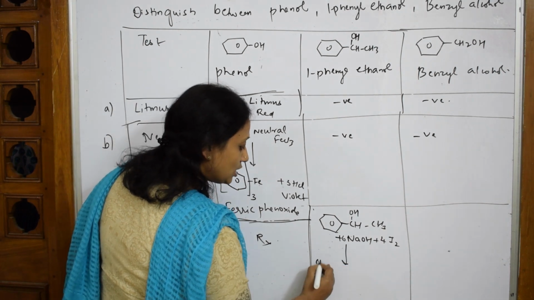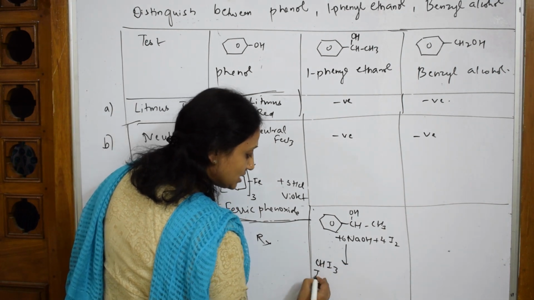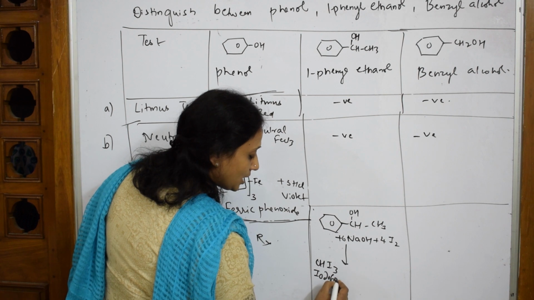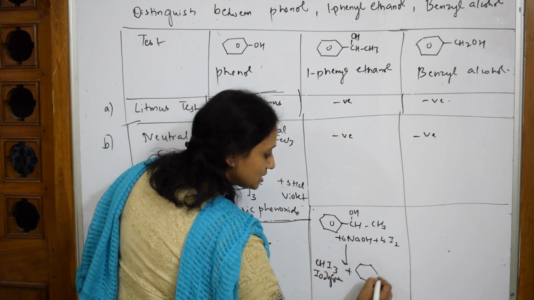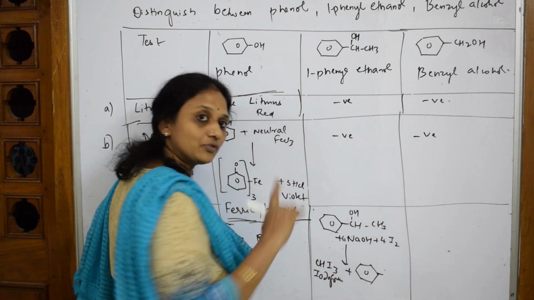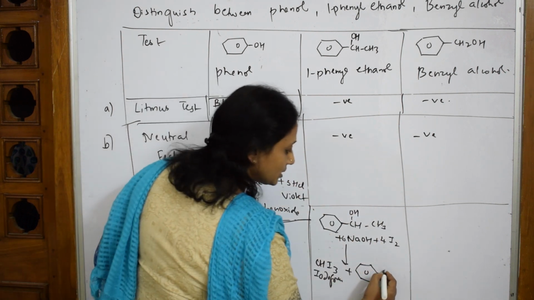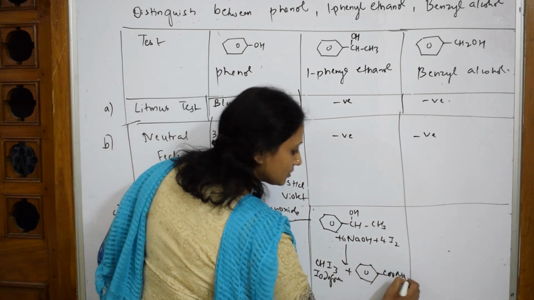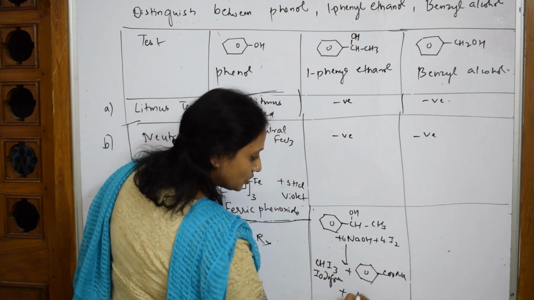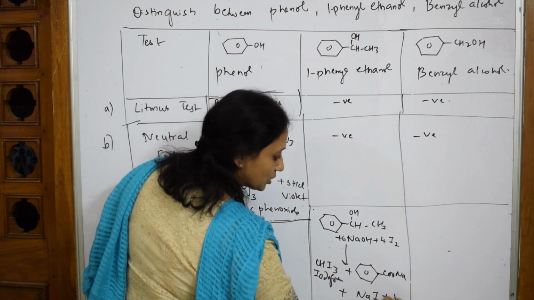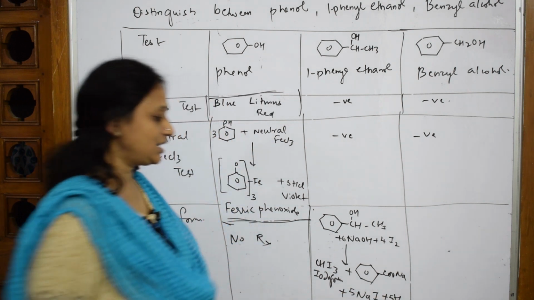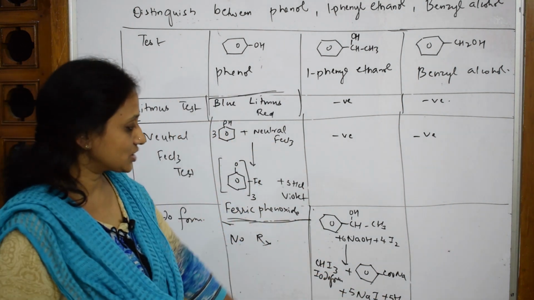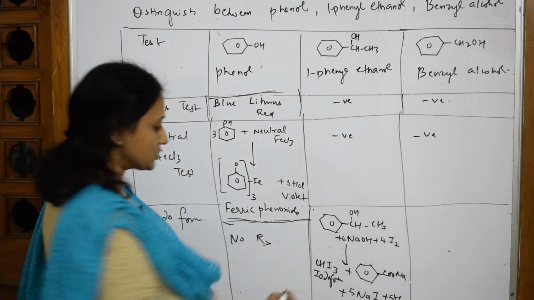It's going to form a yellow colored precipitate, CHI3, which is iodoform. You also get sodium formate, as we have seen earlier, and other than that you have NaI plus water. This is the standard thing which I am writing again and again. This reaction gives a yellow colored precipitate.